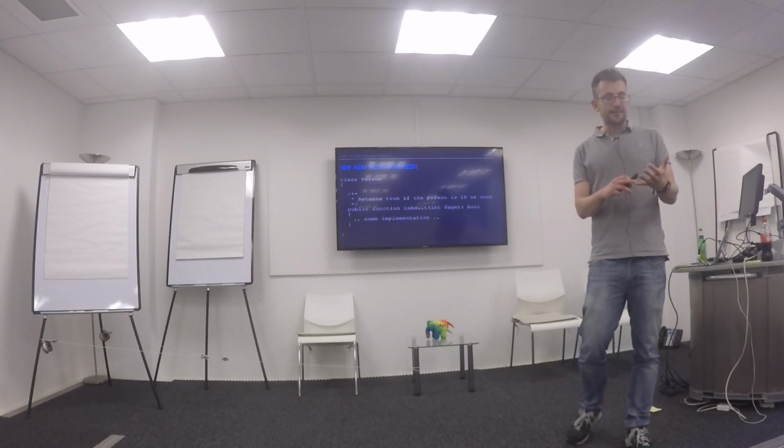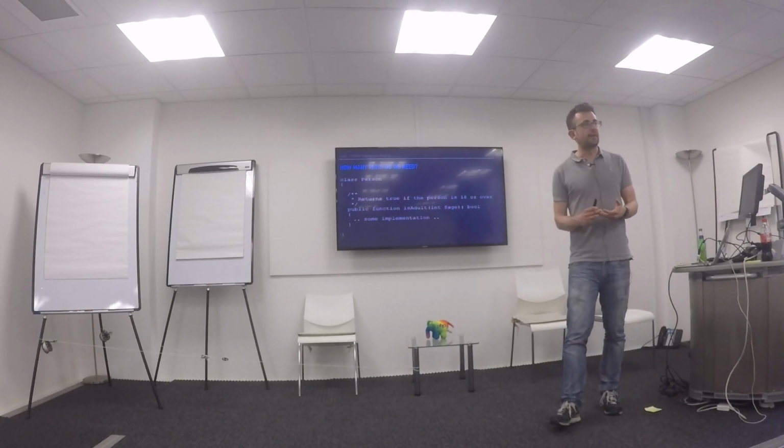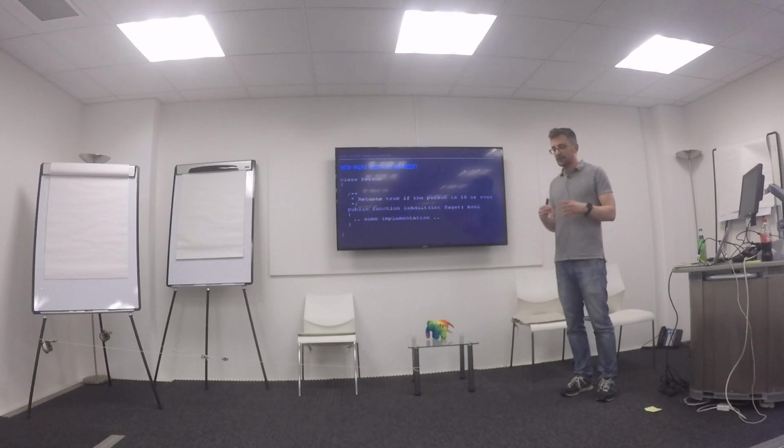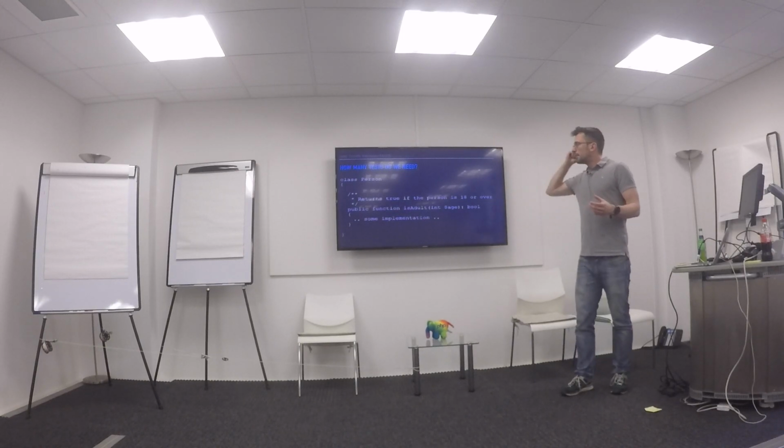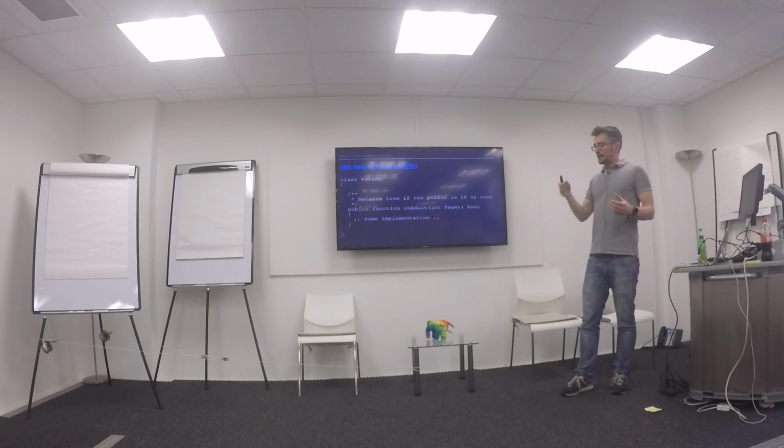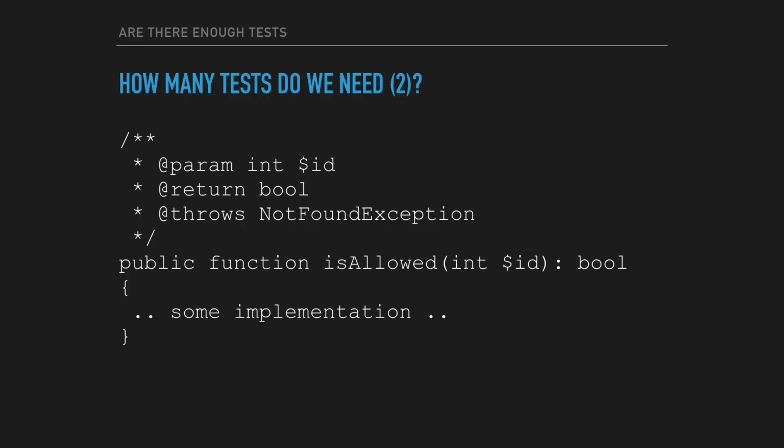We're checking the ages 17, 18 and 19, and it's giving us our correct answers. And another one: if this is the kind of signature for the function, how many tests would we want to have here at absolute minimum?